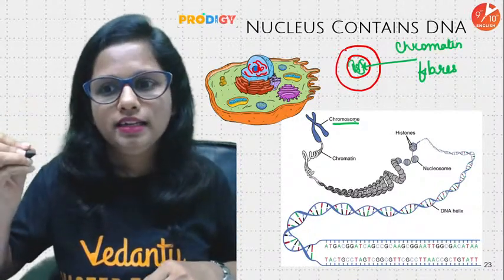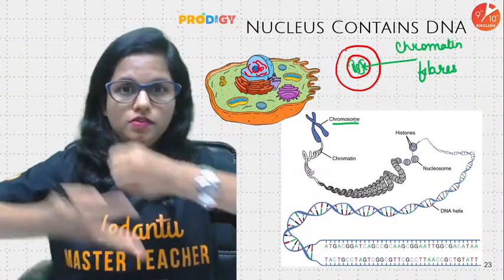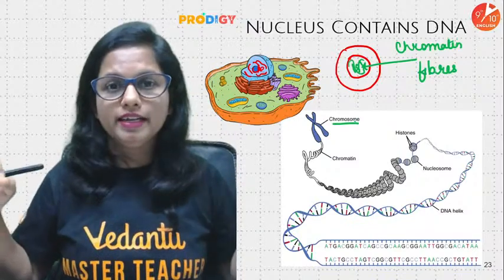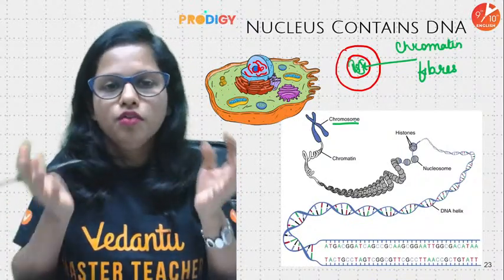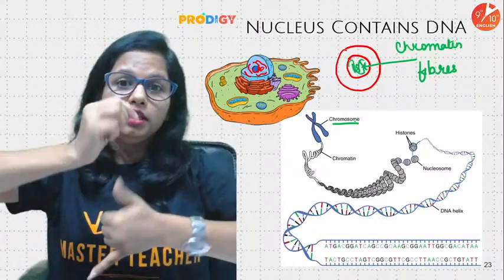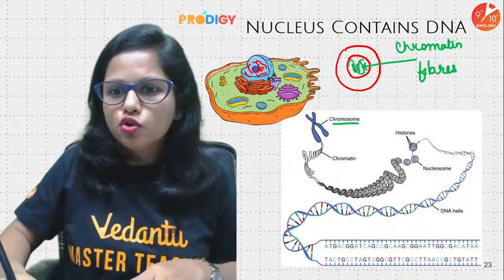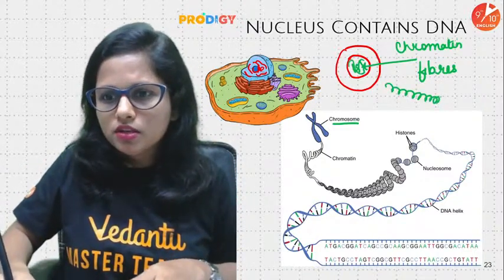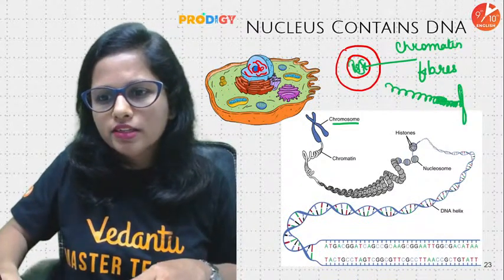These chromatin fibers are like threads, like kite string. Now when the cell has to divide, it has to distribute these chromatin fibers equally into two daughter cells. For that sake, these chromatin fibers have to be coiled and transformed into a bundle. So these chromatin fibers coil and supercoil, and they form a rod-like structure.